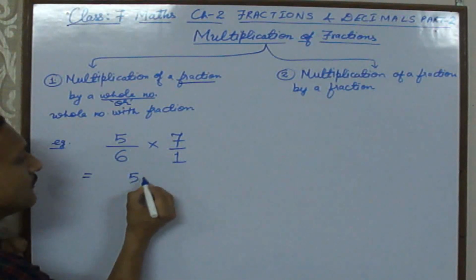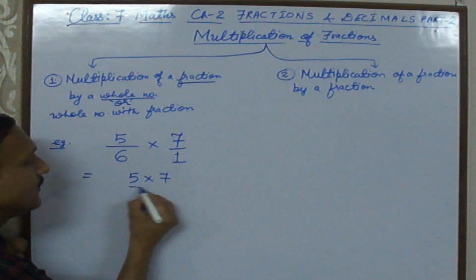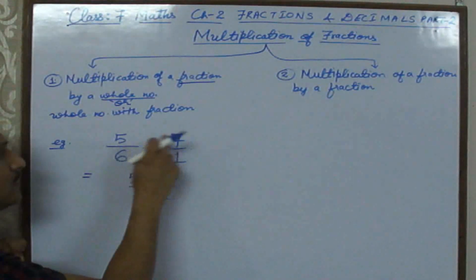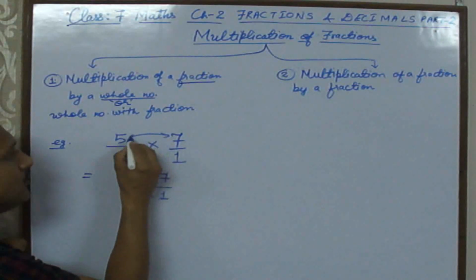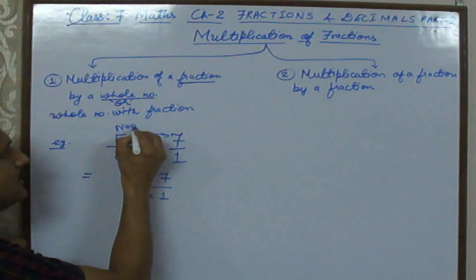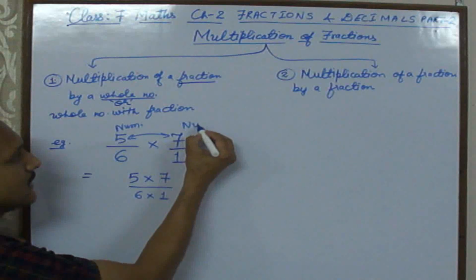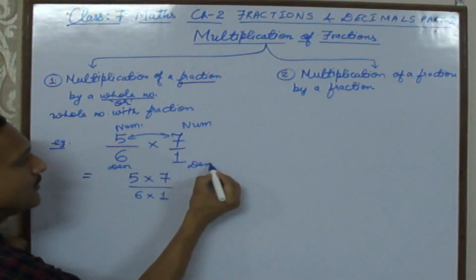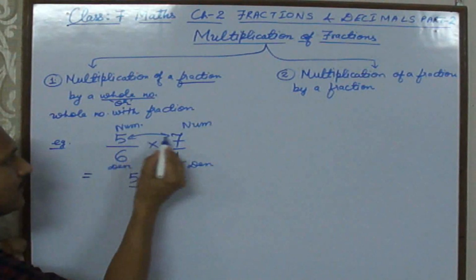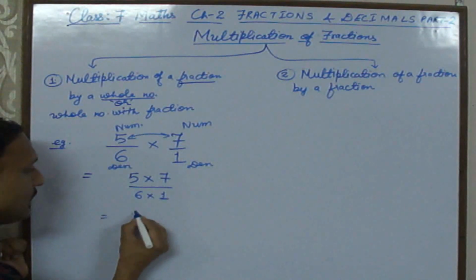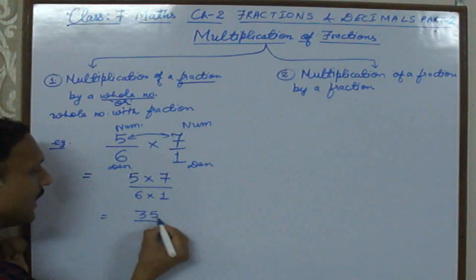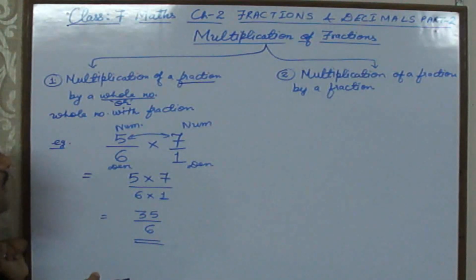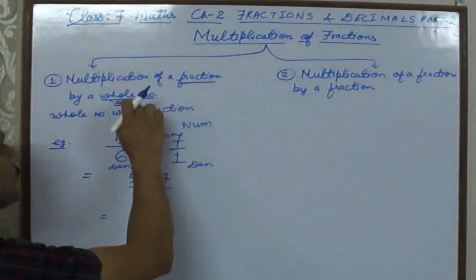So 5 into 7, 6 into 1. 5 7s are 35 and 6 1s are 6. So this is the product. This is how we can multiply a fraction with a whole number.